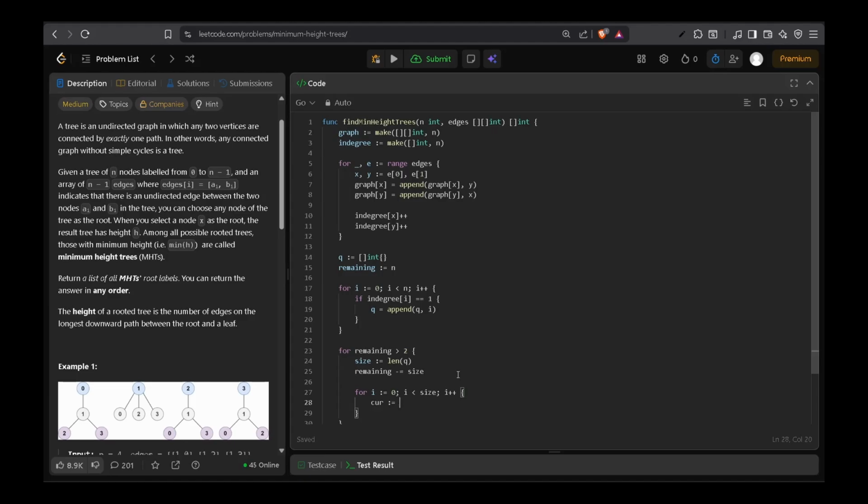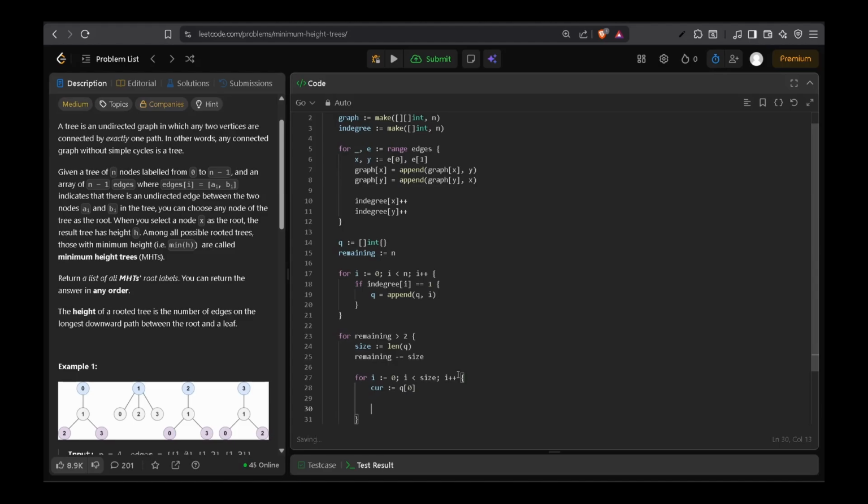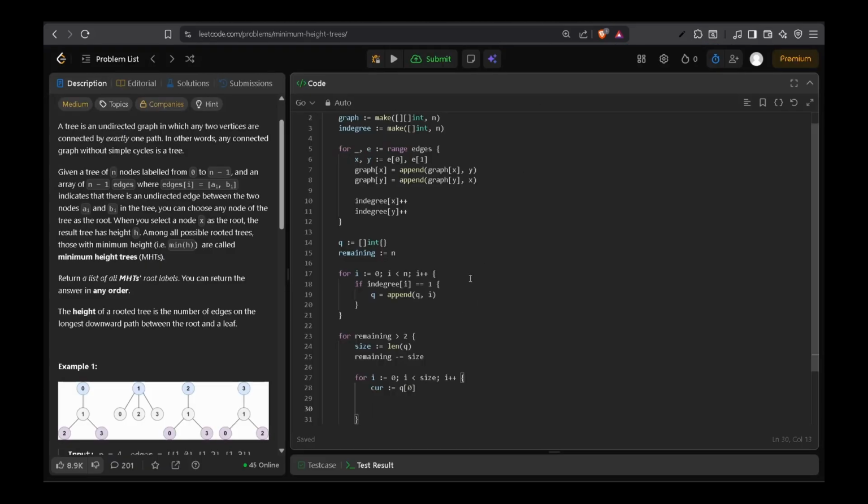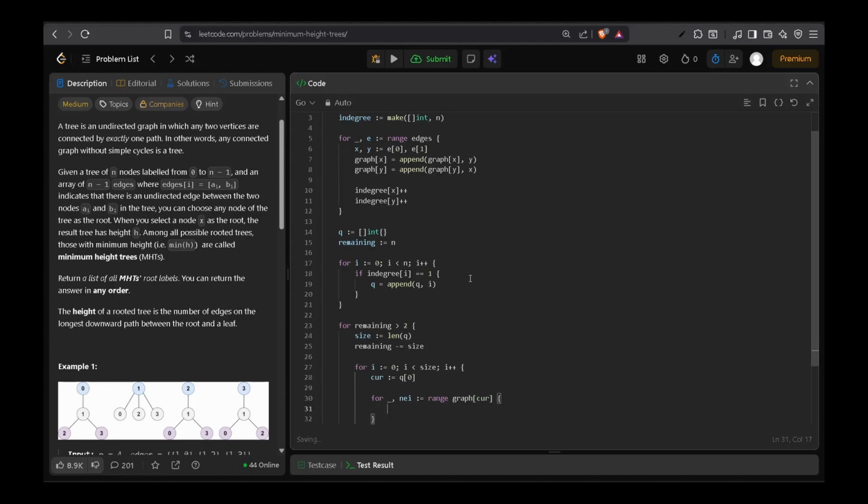So current node will be q of 0, and for each node, as we saw, we will be traversing to wherever we can, right? So for underscore, neighbor of the current node, in range graph of current.